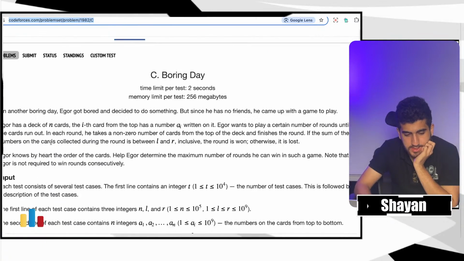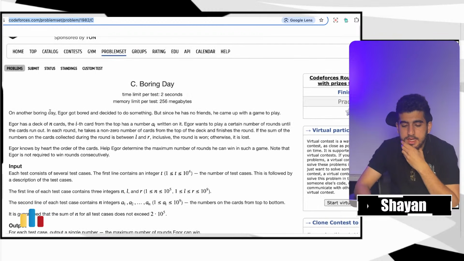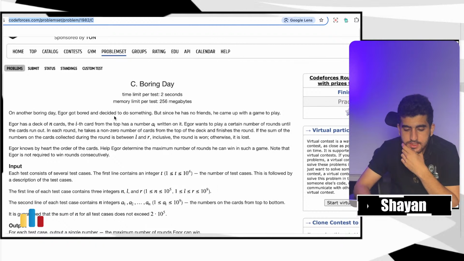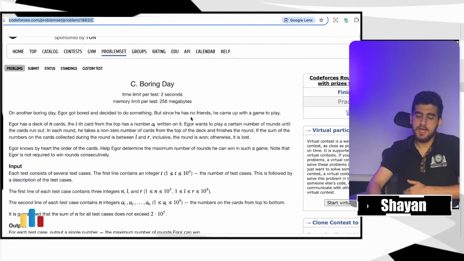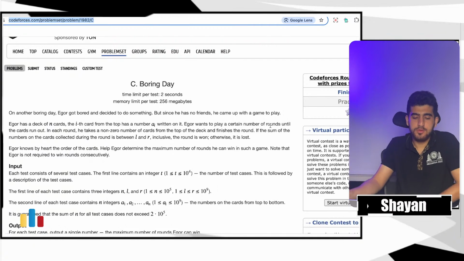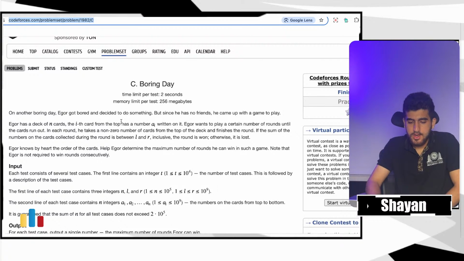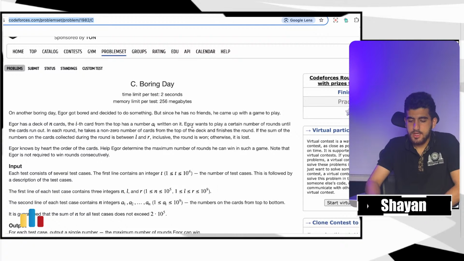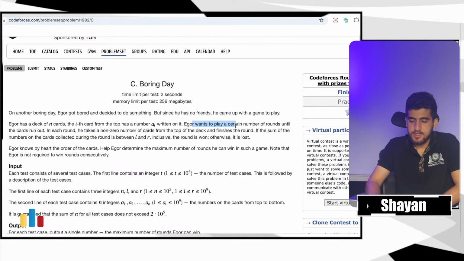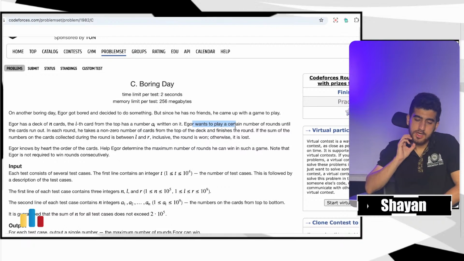Boring Day. It says that on another boring day, Igor got bored and decided to do something. But since he has no friends, he came up with a game to play. Igor has a deck of n cards. The card number i from the top has the number a_i written on it. Igor wants to play a certain number of rounds until the cards run out.